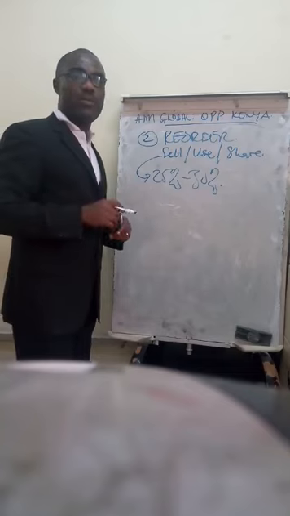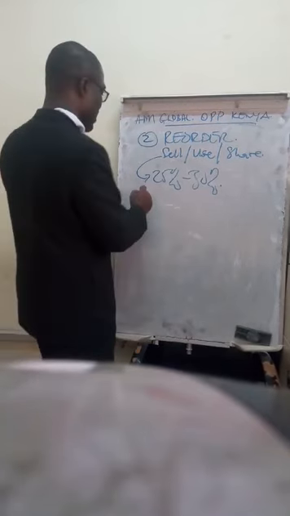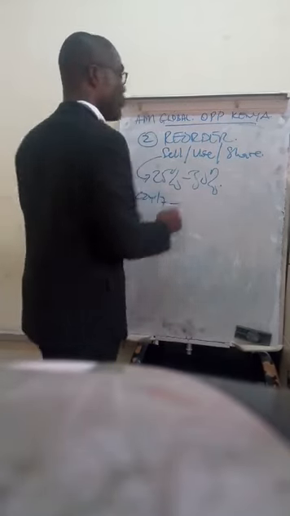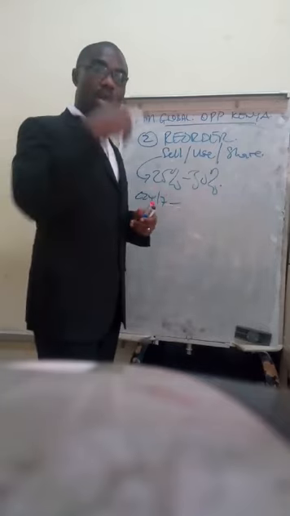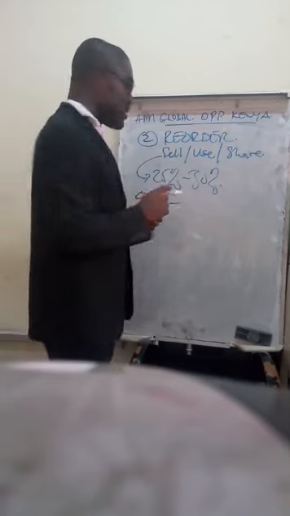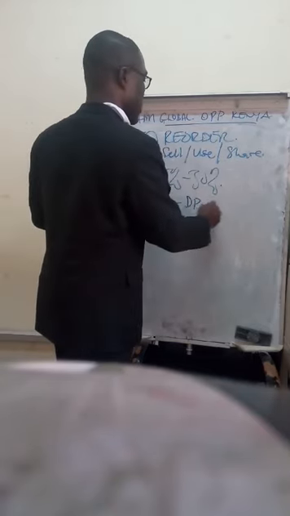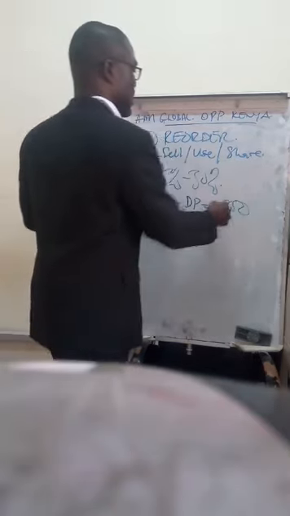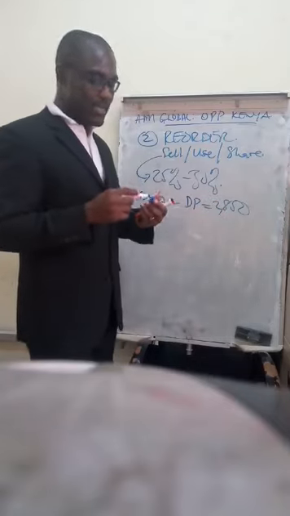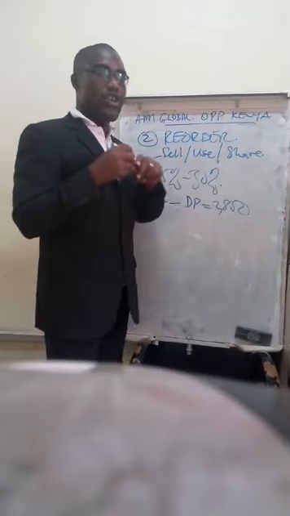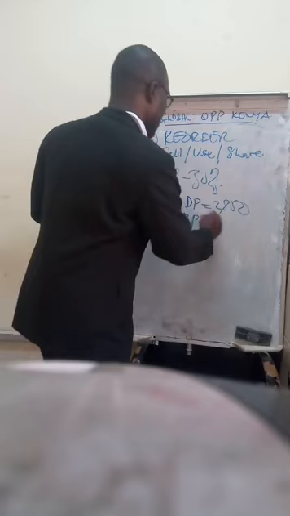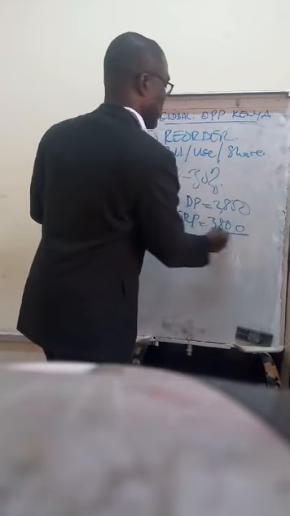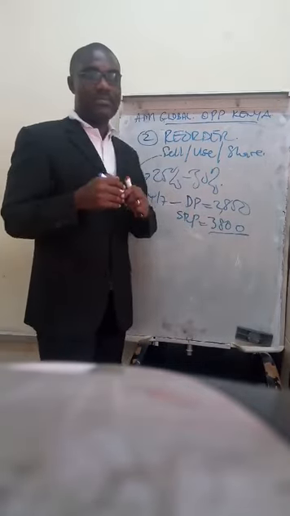Let me use the example of the C24/7, which is our flagship product. The company will give it to you at the distributor price of 2,850 shillings. You are supposed to sell it not less than the suggested retail price of 3,800.